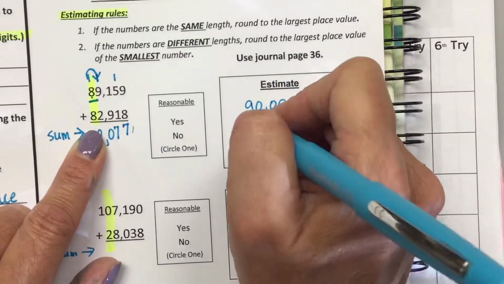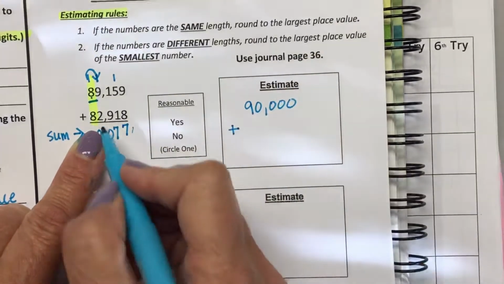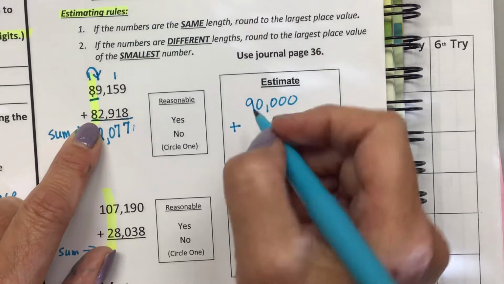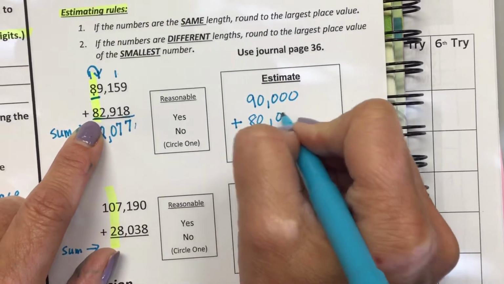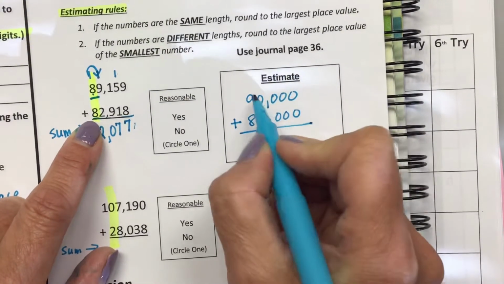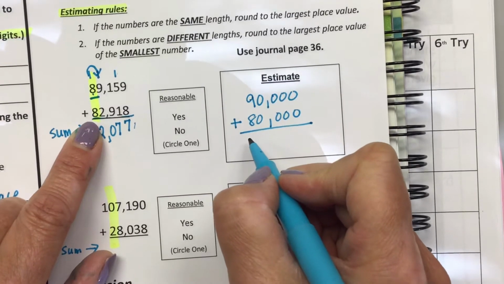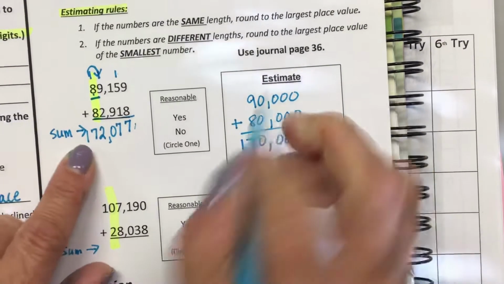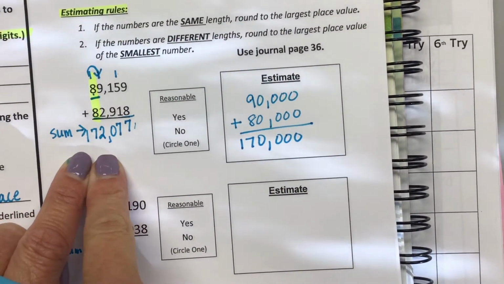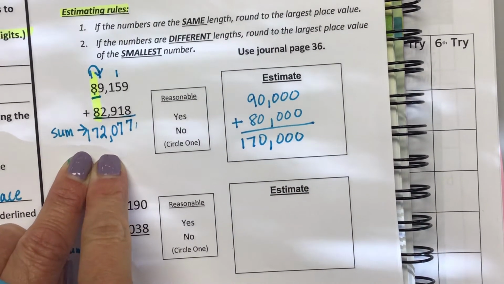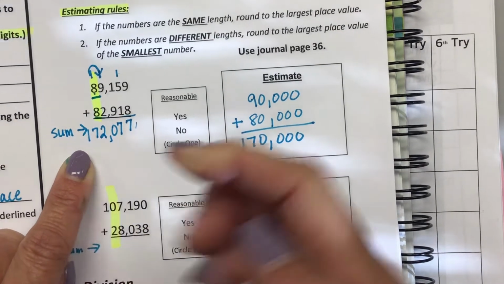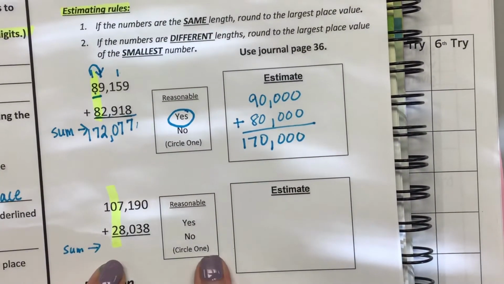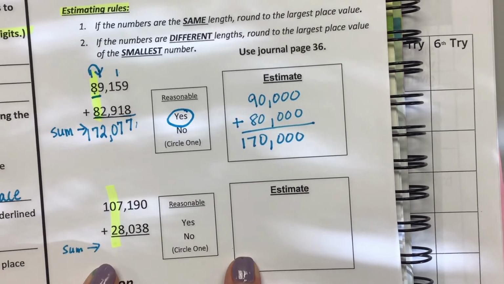Cordelia. 0 rounds to 0. No, this. What does this round to? That rounds to 80,000. And so my estimate is 90,000 plus 80,000, which is 170,000. Is that pretty close to 172,077? Is that a pretty close estimate? So that's a reasonable answer. And you need to complete this one the same way.